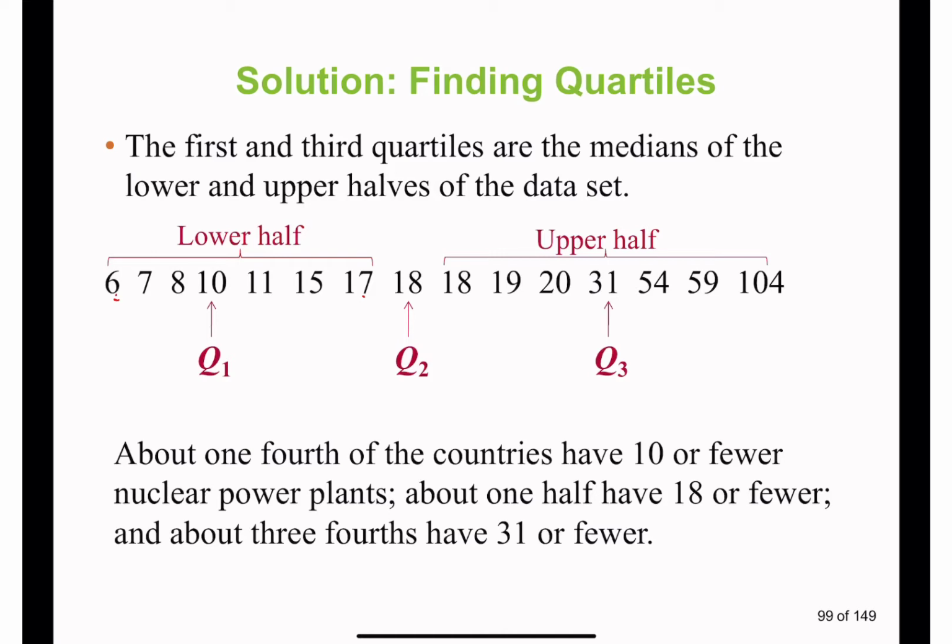The middle position is your median for this lower half. And the upper part also has 7 elements. So the fourth position, starting from 18 and going all the way to 104, that will be Q3, the median for the upper half.